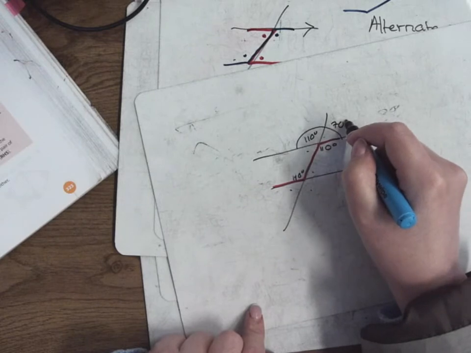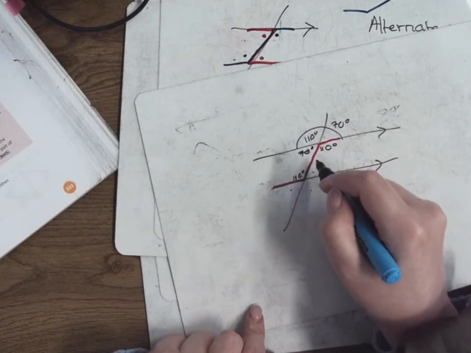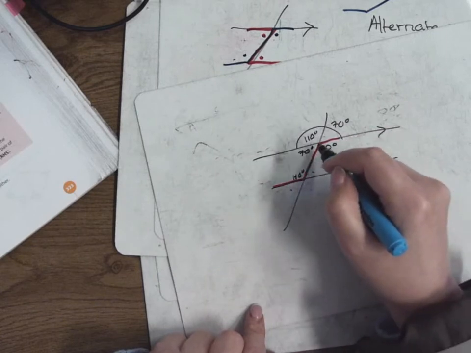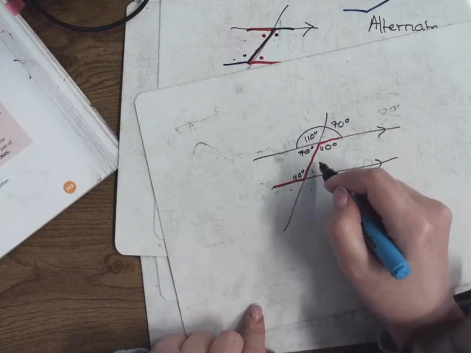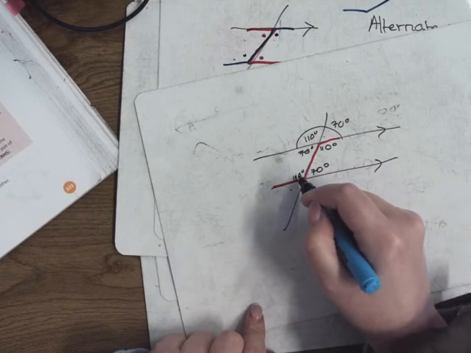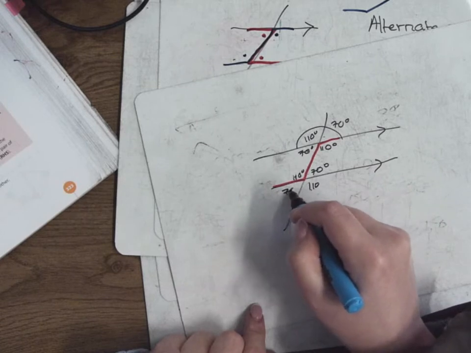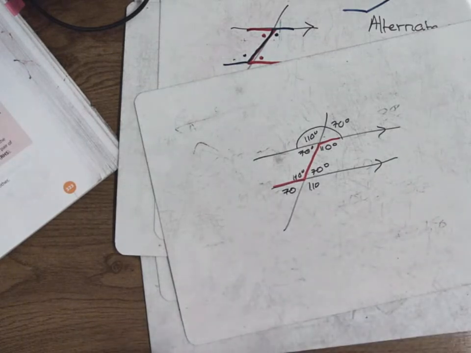Vertically opposite is 70. To figure out this one is 70, you could use the F, or you could use the interior angle to add to 180, so that's 70. Straight across from that's 110, and straight across from that is 70. Is that right? So once they give you one angle, you can get all 8 angles.